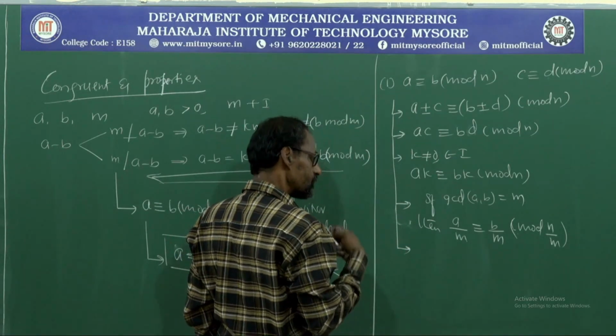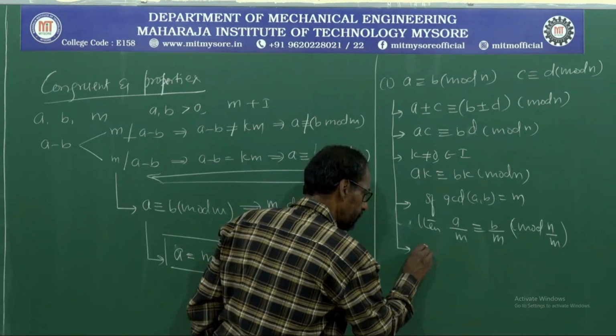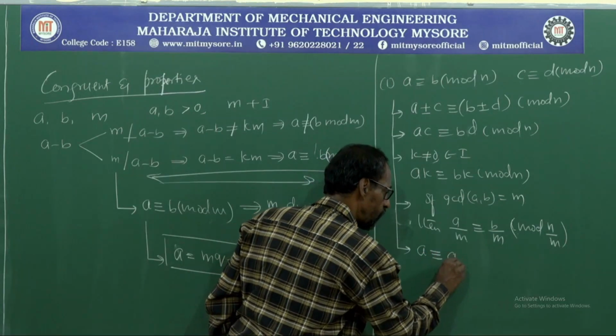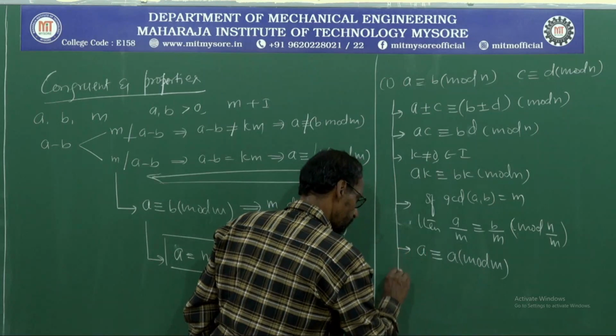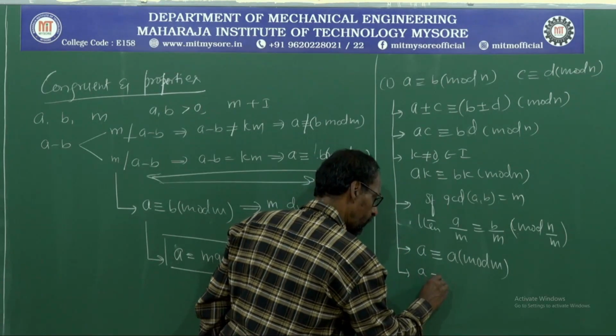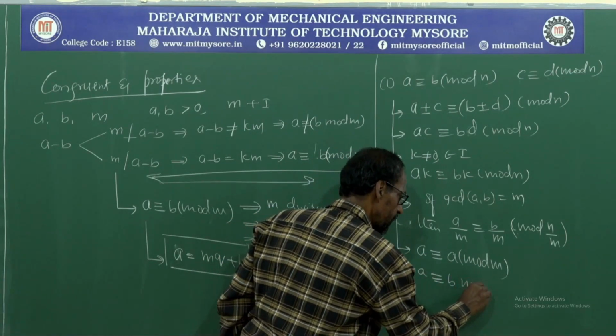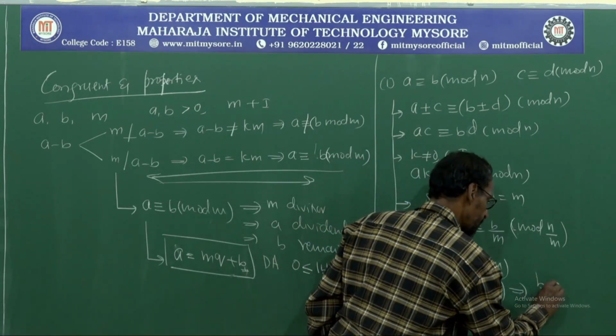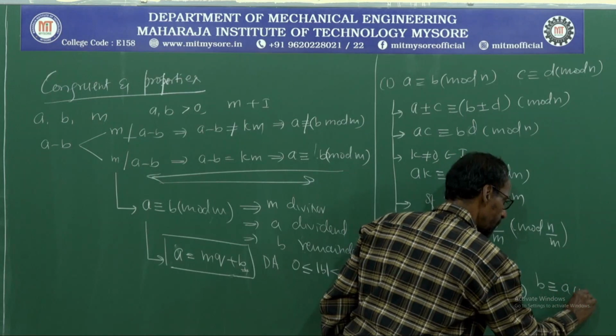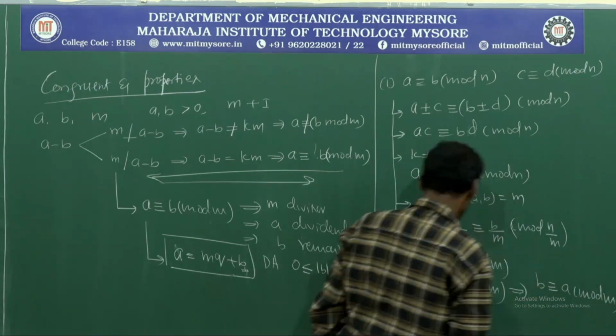It is called the reflexive property: a is always congruent to a mod m. Symmetric property: a congruent to b mod m implies b is congruent to a mod m.